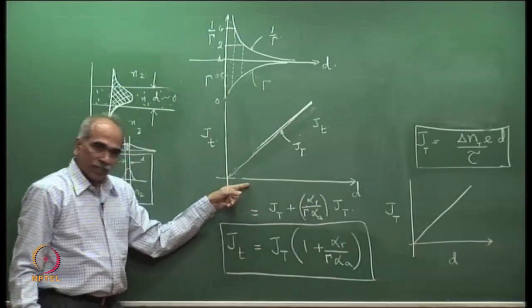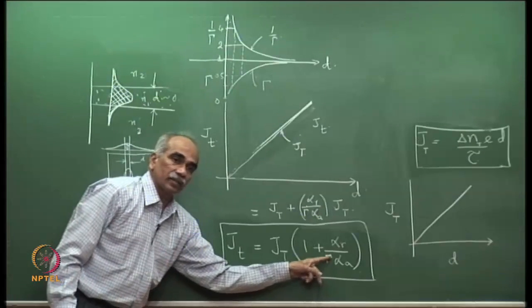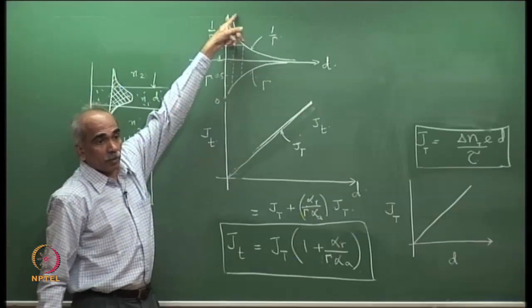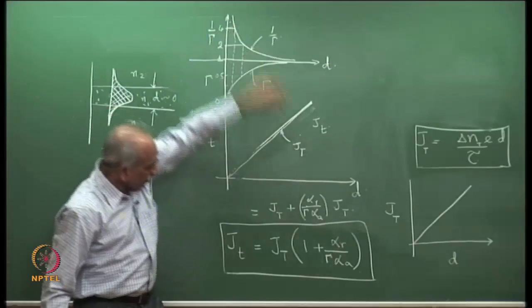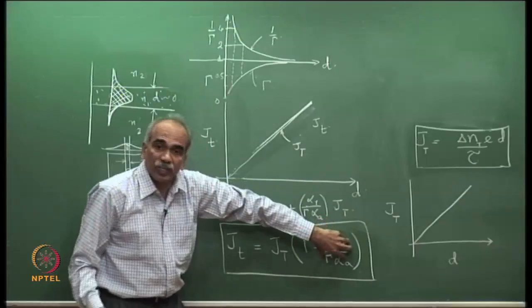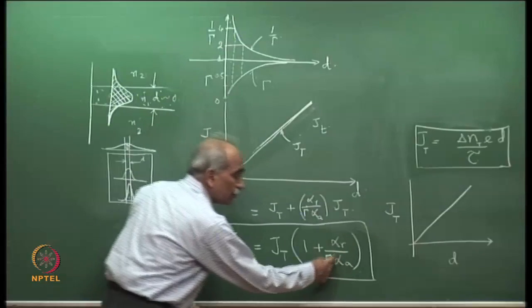As D decreases, here gamma decreases. Therefore, 1 by gamma increases. Please see this, 1 by gamma increases, which means this term is becoming larger and larger. Initially, this term was fixed, very small. Now, this term is becoming larger and larger. Why is this very small?